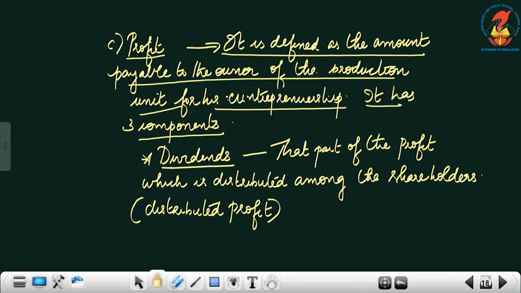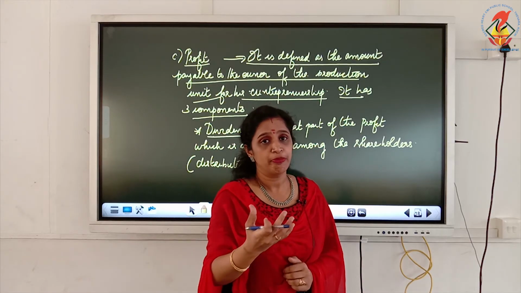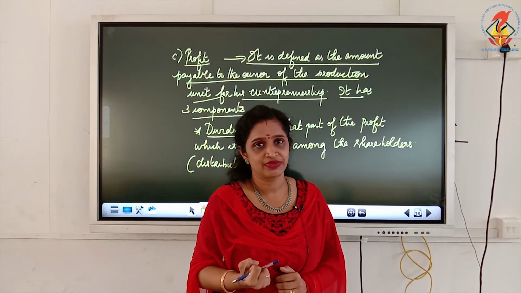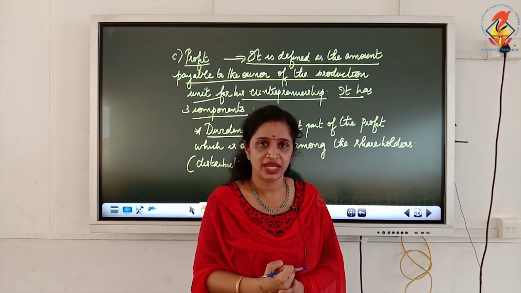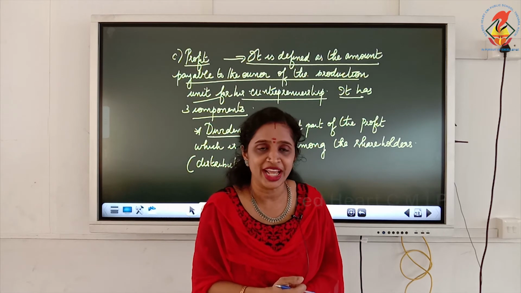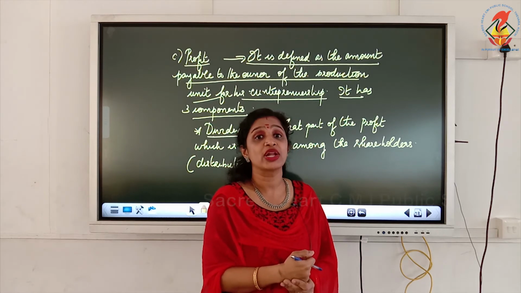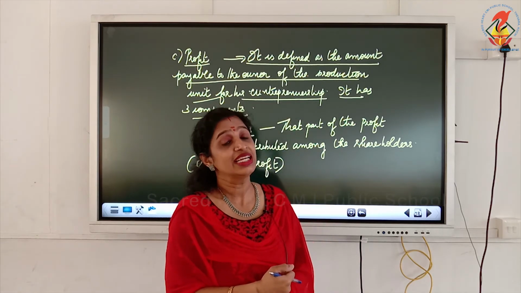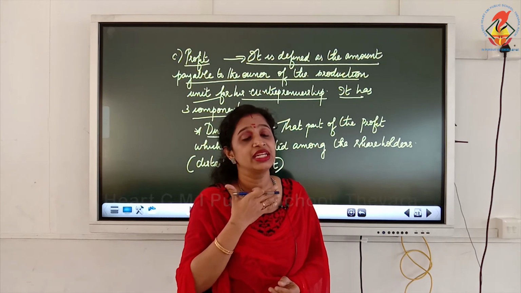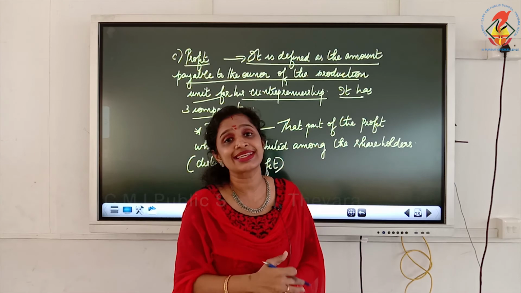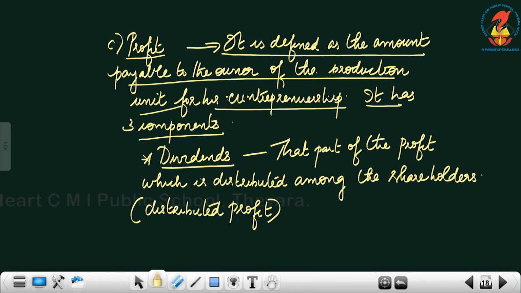If I am running an organization, the profit amount which I am getting while running the organization, that is a component of operating surplus. So, profit is a reward. It is a factor income. It is a reward for my entrepreneurship. It is a reward for my organization skill. So, profit is an amount payable to the owner of the production unit for the entrepreneurship.